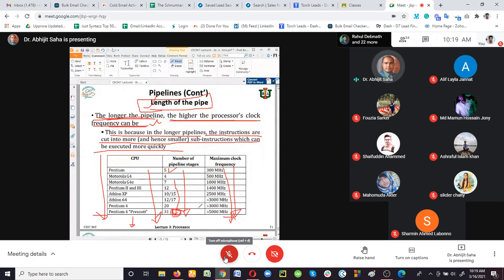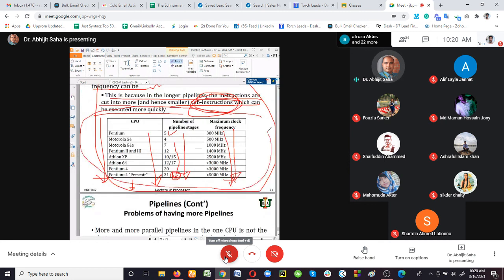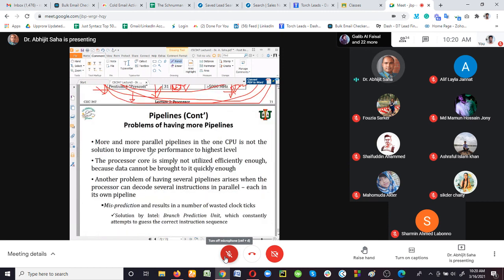It has been declared that pipeline technology is going to be very effective for working with micro ops or sub instructions, executing them parallelly in the execution unit. It is proof with the statistics that if the number of pipeline stages is more, then it is going to give you higher clock frequencies. So this is what my discussion was.